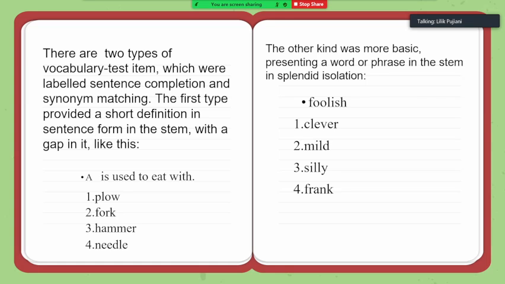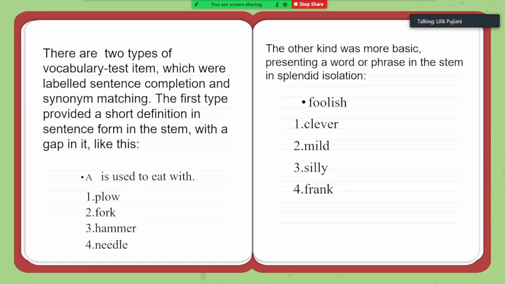There are two types of vocabulary test items, labeled sentence completion and synonym matching. The first type provided a definition in a sentence, with a gap in it, like this: a blank is used to eat with. One, plow; two, fork; three, hammer; and four, needle.